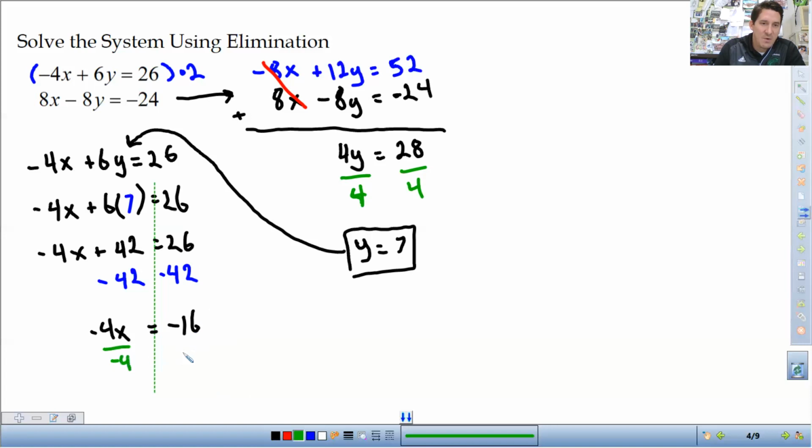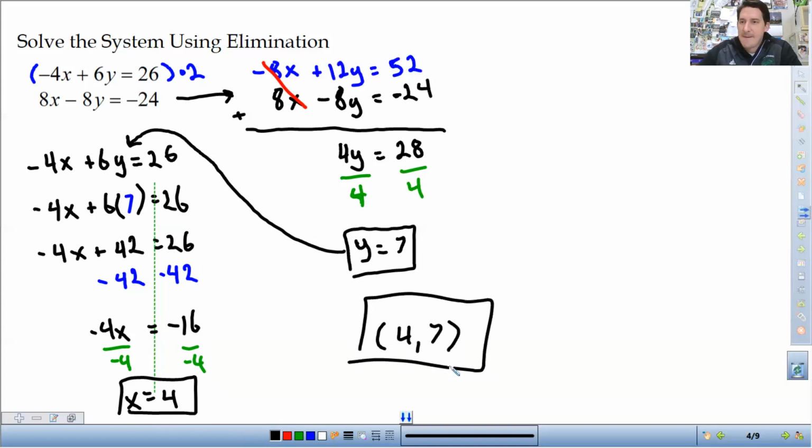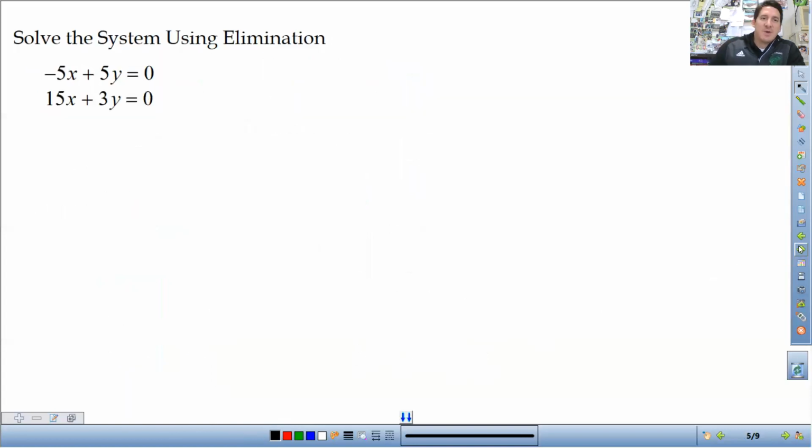Divide by -4, and I get x is equal to +4. And so as an ordered pair, (4, 7), the x goes first. All right. Next problem, let's do another example.